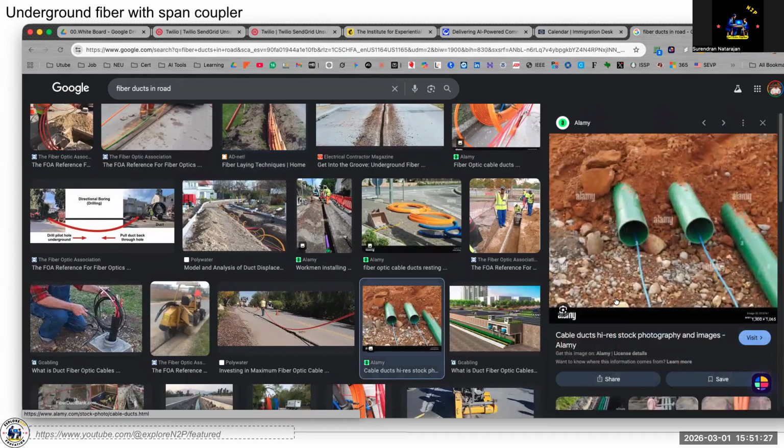See, this is blowing. The duct is there inside. These are all very old techniques. Before, here in the US, they blow the fiber. What happened in India? We insert a thread, we tie the cable at the other end, and we pull it in this direction.